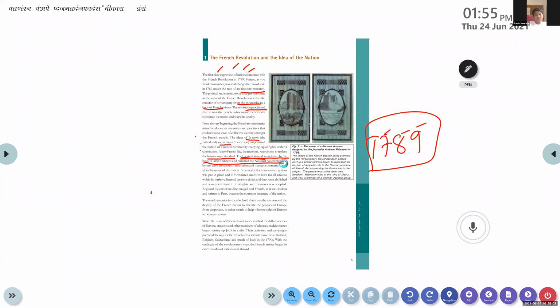New hymns were composed. So tell me the hymn used by Indians at the time of the national movement.